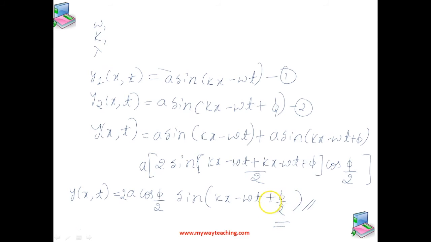The significant thing is that its amplitude is a function of the phase difference phi between the constituents of the two waves. That amplitude is 2a cos(phi/2). For phi equal to 0, when the waves are in phase, we get the equation for phi equal to 0.